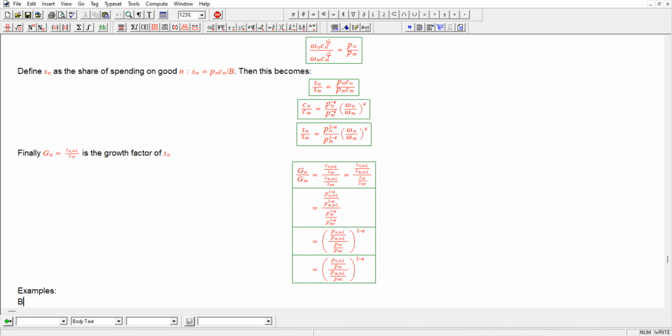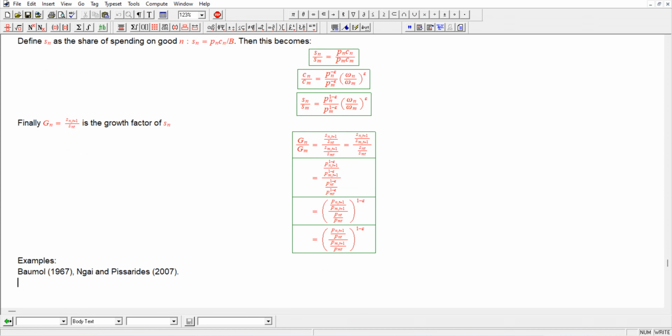And this example goes back to Baumol, but it was also looked at again more recently by Nayyar and Pissarides. Suppose that each industry that makes good N has a production function that looks like the following.